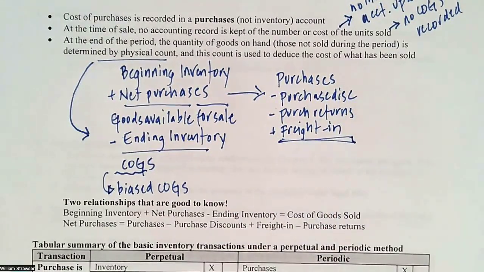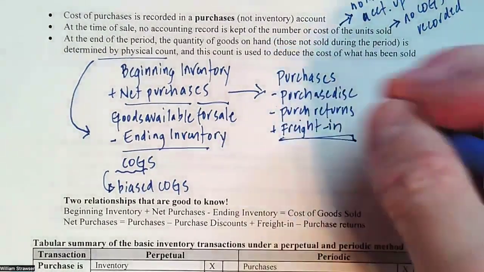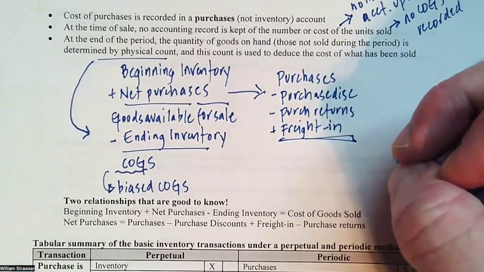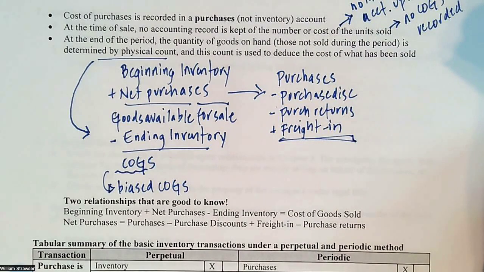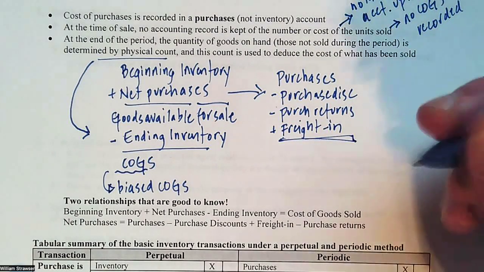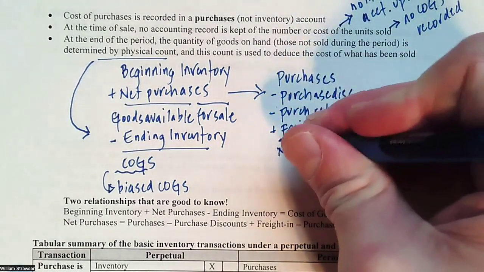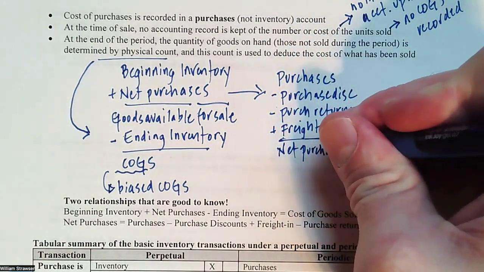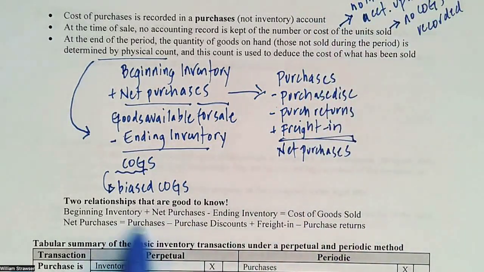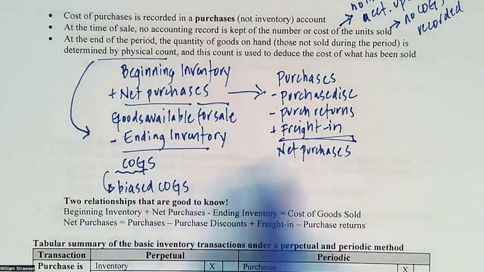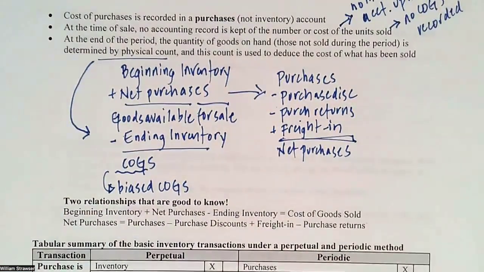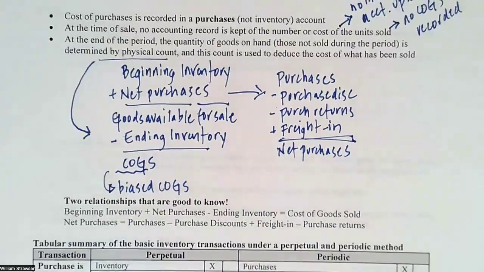Well, freight is the biggest of those costs typically for a manufacturer, for a retailer. And then this gives me, as I mentioned, net purchases. And I have those two equations typed below. For whatever reason, they work for me better vertically oriented rather than horizontally oriented.